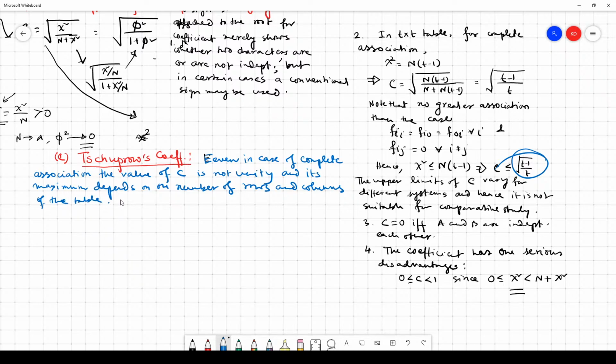Hence, for remedy, Tschuprow proposed an alternative coefficient which is denoted by capital T, which is equal to chi square by n root over s minus 1 into t minus 1, which is phi square root over s minus 1 into t minus 1.